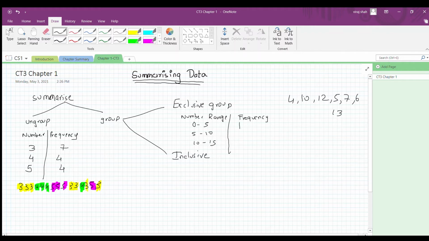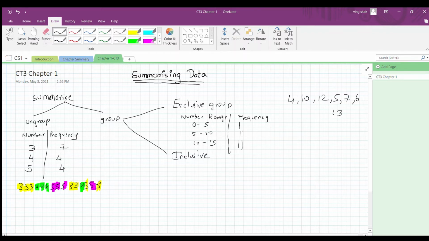10 falls in this range as well as this one. So the word exclusive states that if 10 is included in two ranges, it won't be considered in the first row but would be considered in the second row. So 10 comes here. 12 is between 10 to 15, so it comes here. 5, similarly, comes in the second range as explained earlier. 7 comes between 5 to 10.